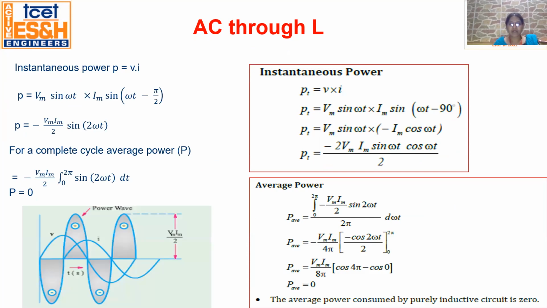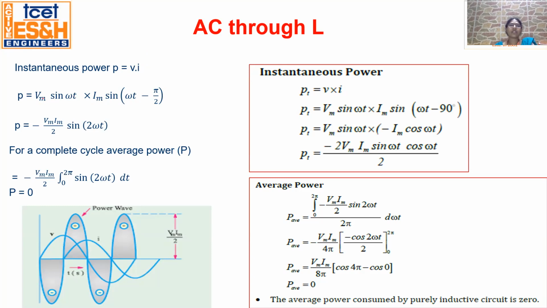Now power. Instantaneous power across the inductor is V multiplied by I. You know that V is Vm sin omega t multiplied by I, which is Im sin omega t minus pi by 2.